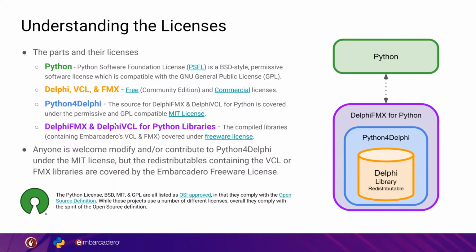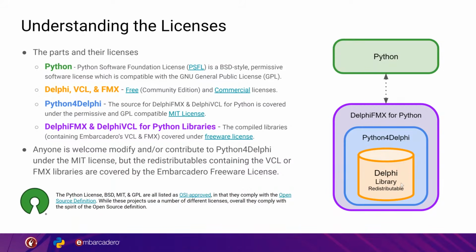Now, when we combine Delphi VCL and Python for Delphi together to create the DelphiFMX and Delphi VCL for Python libraries, the redistributable is covered under our freeware license, which is basically just a redistribution license. It gives you permissions to reuse it, but it doesn't make the core Delphi stuff open source.